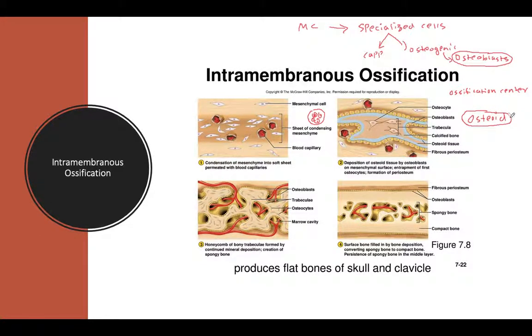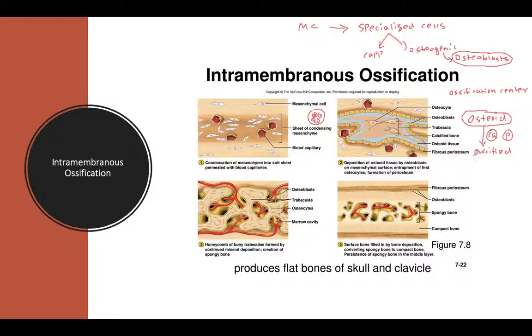It becomes calcified due to the deposition of calcium and phosphorus. These are the minerals, and they make this calcified structure.